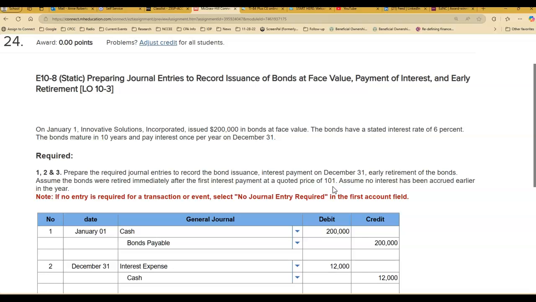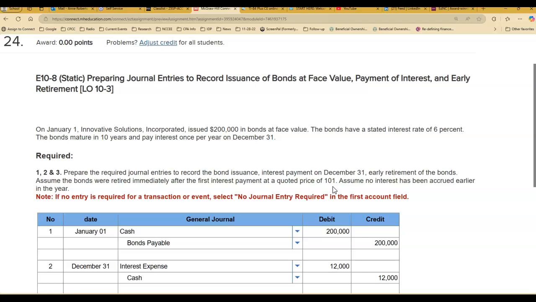So when you're looking at a question like this, there's a story that you can put behind it. Right after this first interest payment, they're saying that we're going to retire the bonds. Now, understand though, when we go to retire the bonds, we, as the bond issuers, have to go back out to the bond owners and pay them market value for the bond.